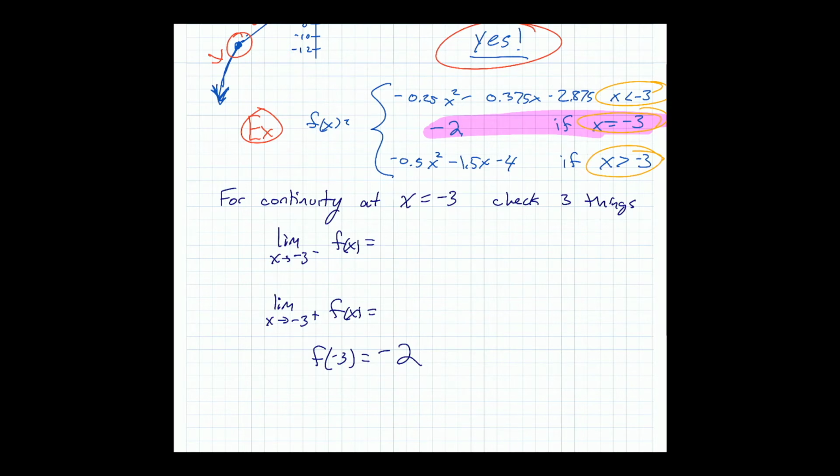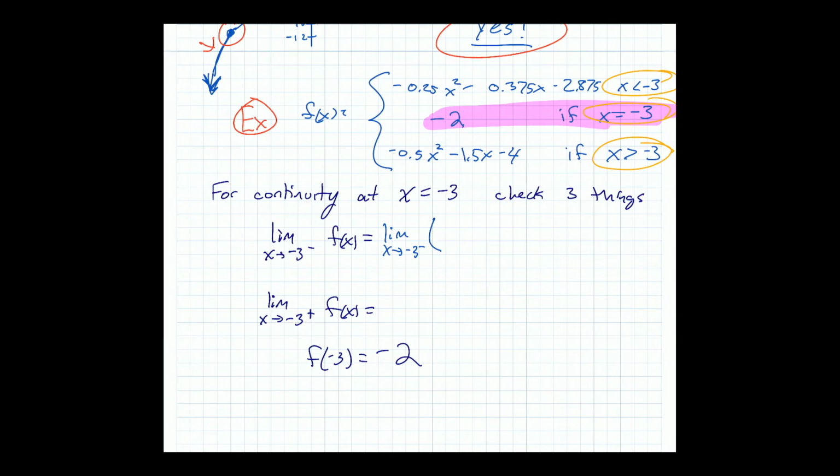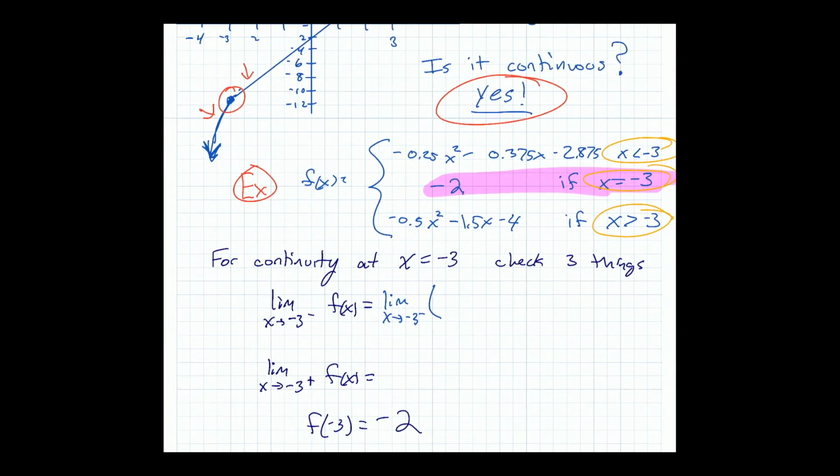So let's do the limit as x approaches negative 3 from the left. Approaches minus 3 from the left. What function do we use? If we're to the left side of negative 3, then we should be using this top function because that's the one that's to the left of negative 3.